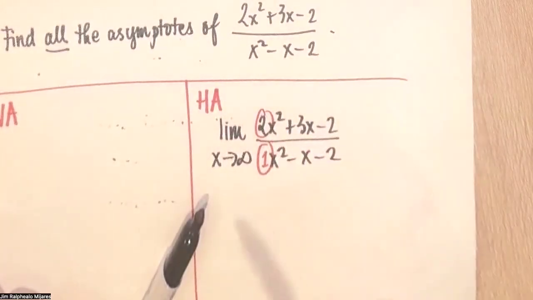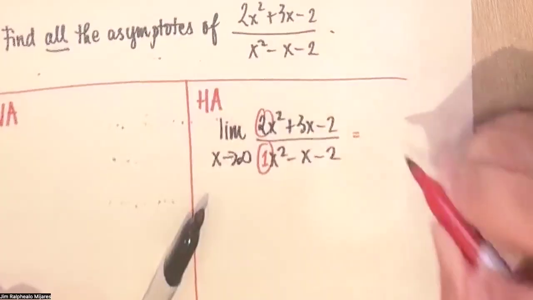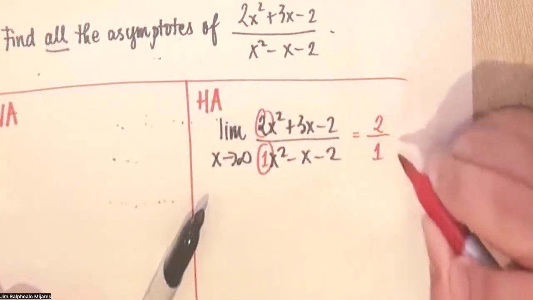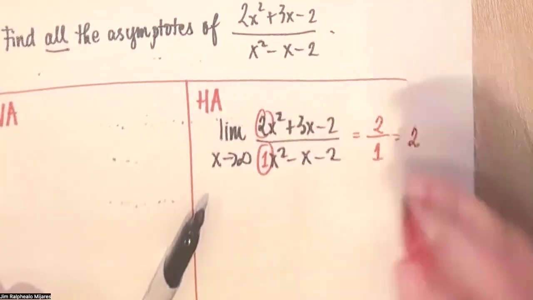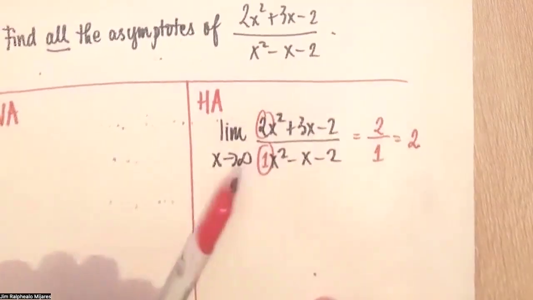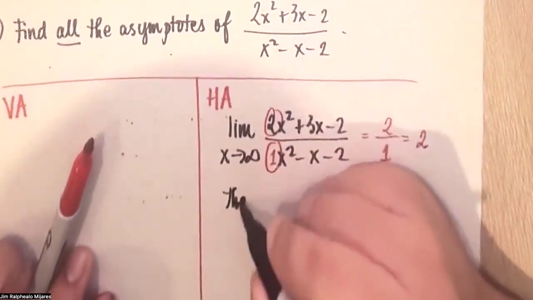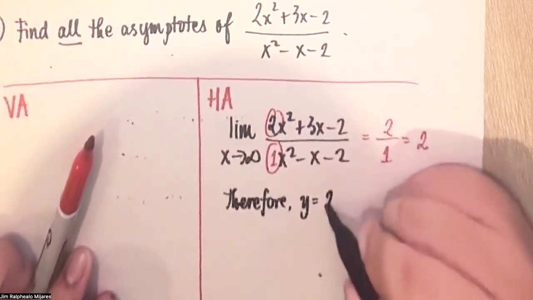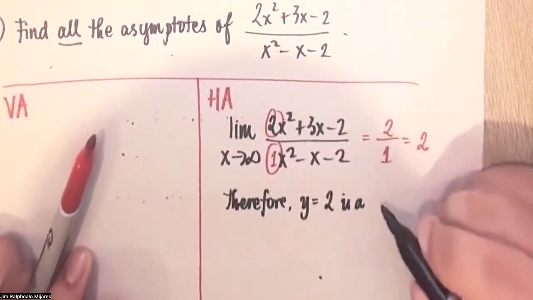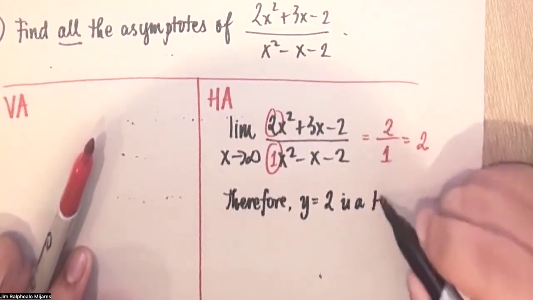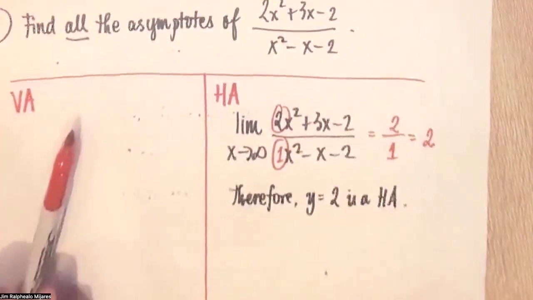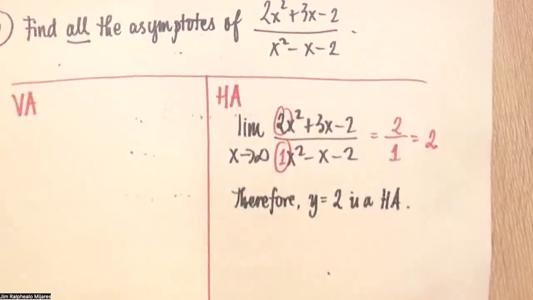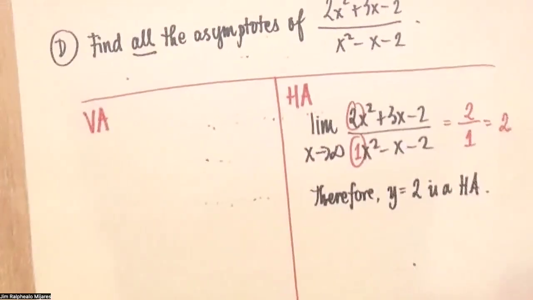So the final limit is 2 over 1, or it's just 2. Therefore, y equals 2 is a horizontal asymptote. Makes sense so far.